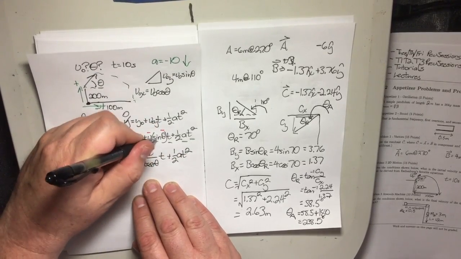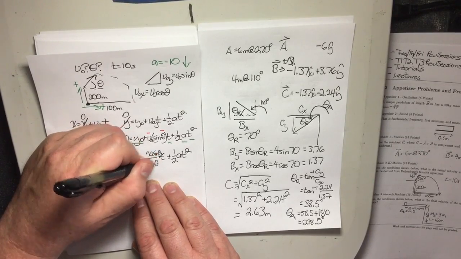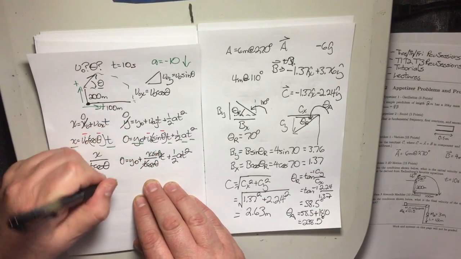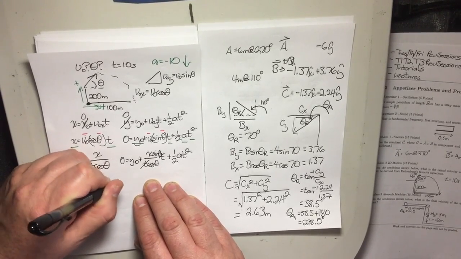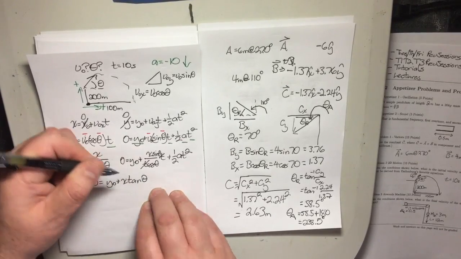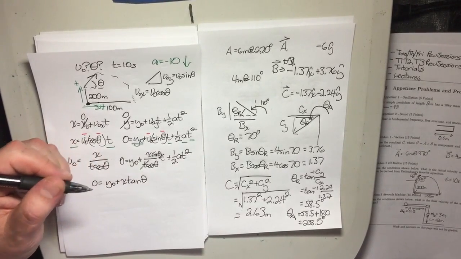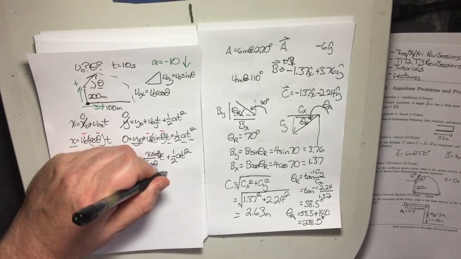Those T's cancel. Simplifying, 0 equals Y naught plus X tan theta. Sine over cosine is tan. Plus 1/2 AT squared.